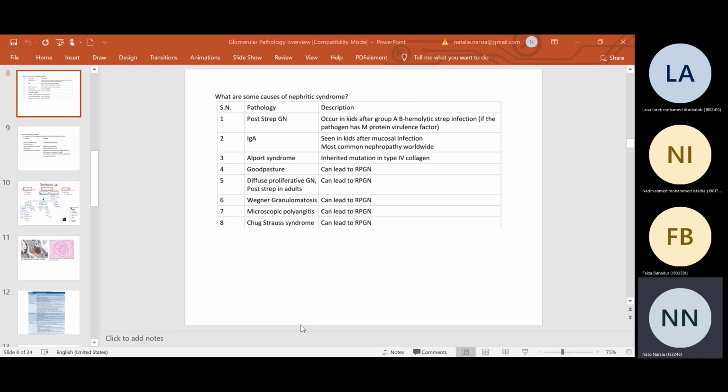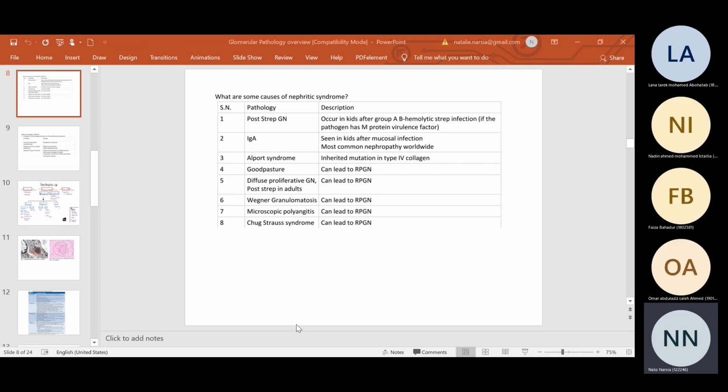And these strains usually are nephrogenic strains, you should know. I just want you to understand that you have a child who had pharyngitis or dermatitis or some skin infection and recovered. And 2-3 weeks later, the patient has brown-colored urine, cola-colored urine.